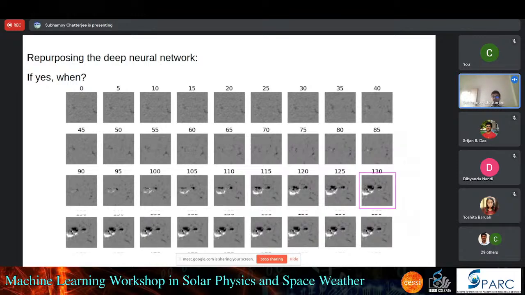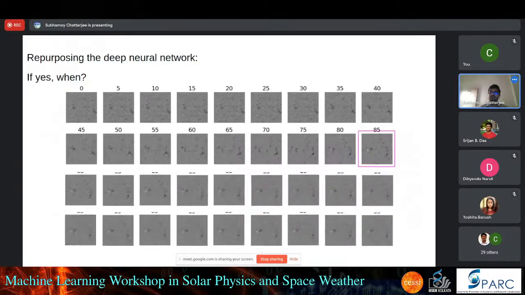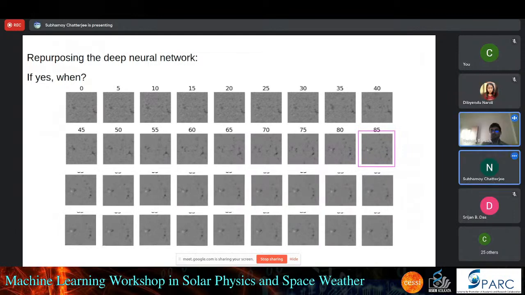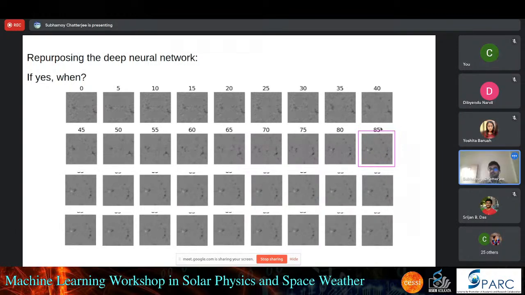What we are doing right here is masking all the frames from the end till this frame 130, and then replacing all the masked frames with frame number 130, and then passing it through the trained model ensemble, and we do this till there is a change in the inference. So in this case you can see at 85 the emergence is just starting and it is truncated till here, and then we replace everything after that with the 85th frame.